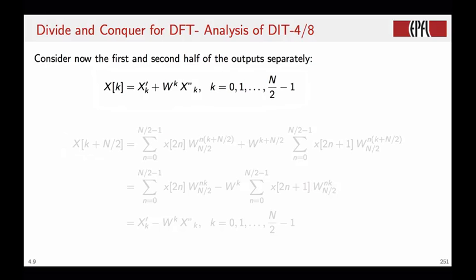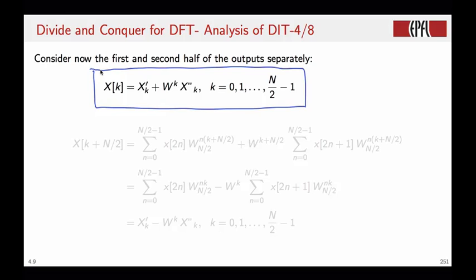The next step is that we are going to consider separately the first half of the output and the second half. Okay, so for the first half we just keep the formula we have shown on the previous two slides. So X_k is the sum of X' and X'', there is a weight here, W^k, where k goes from 0 to capital N/2 minus 1.